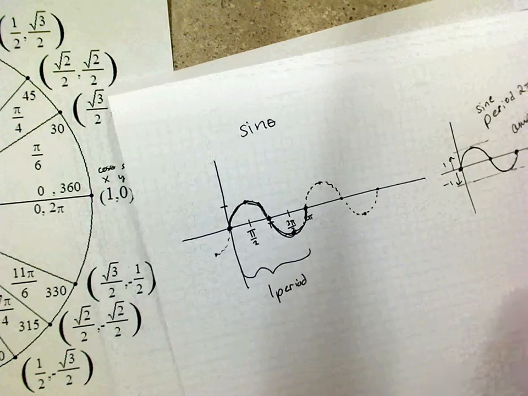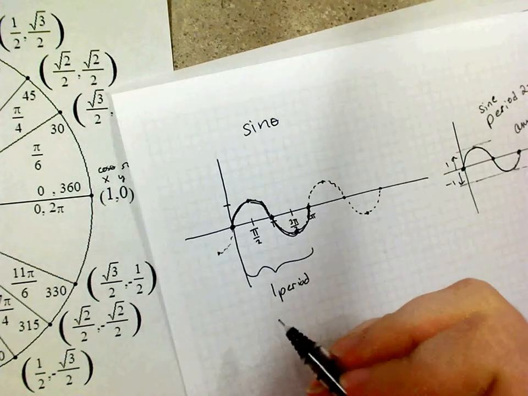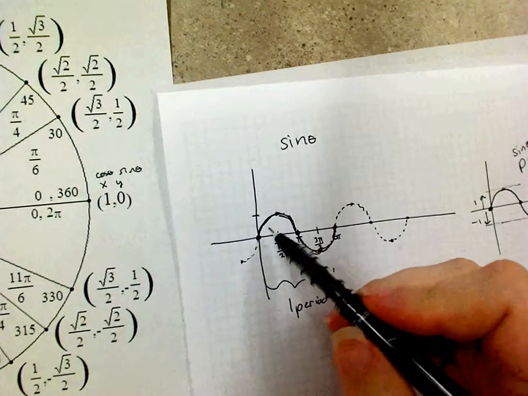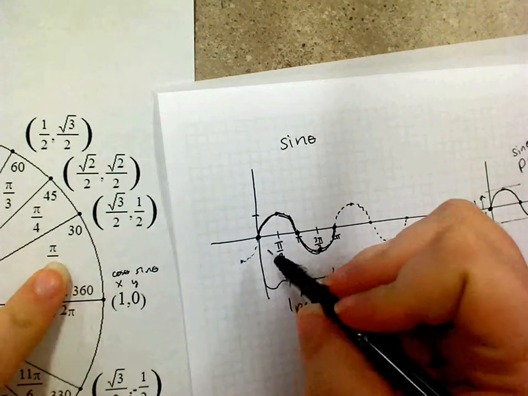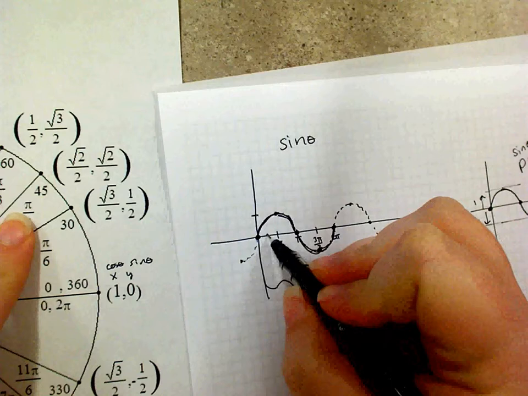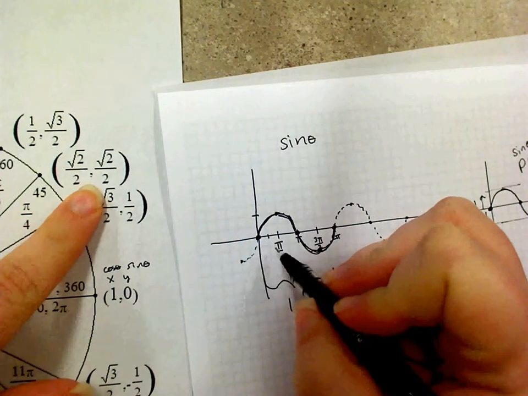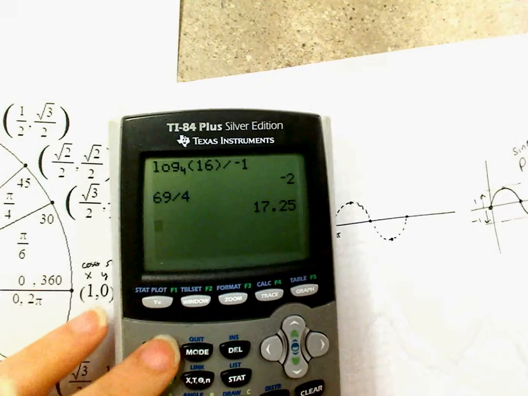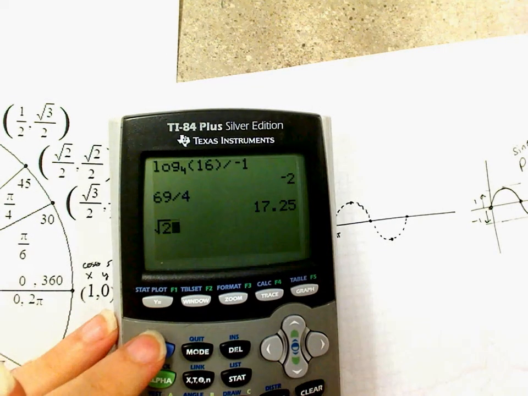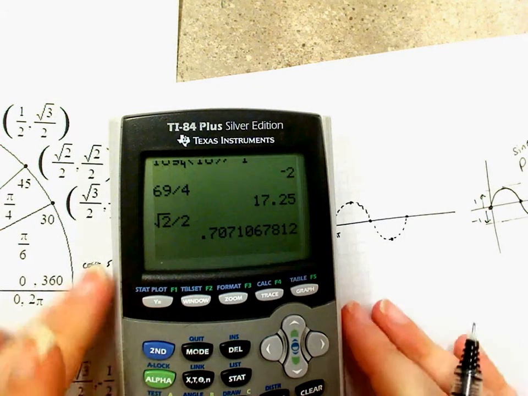Well then, I kind of filled in these points, but if you actually typed them in at pi over 6, so if this is pi, half pi, this is pi over 4. Pi over 4 is square root of 2 over 2. If I type that in, square root of 2 divided by 2 is 0.707.